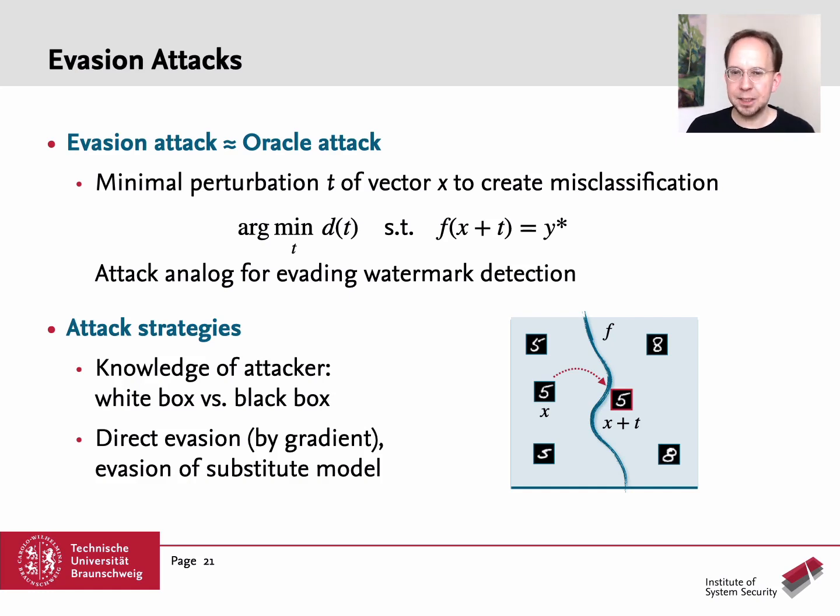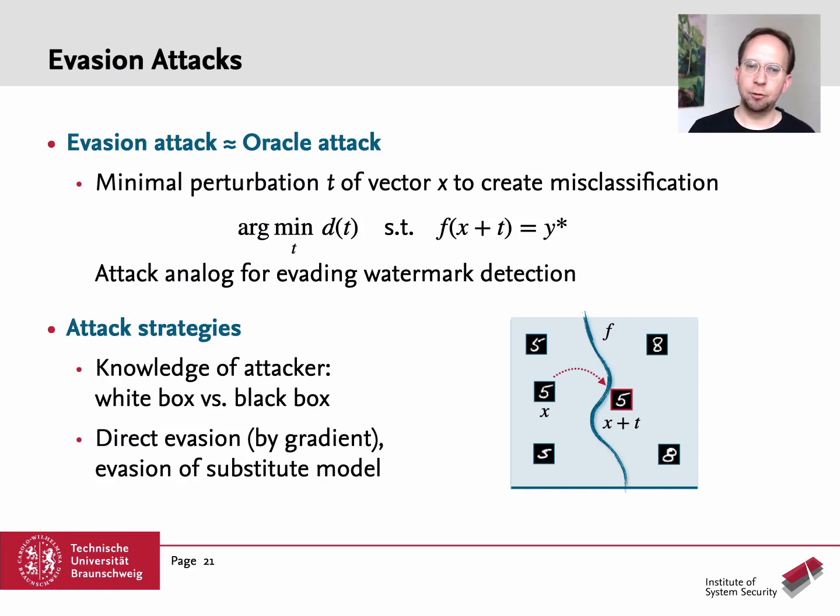But in principle, from all of these differences, there's some joint thing, and this is that you move the x in the feature space across the border of the function f. So all of these attacks have the goal of misleading a function, and misleading means moving something onto the other side.